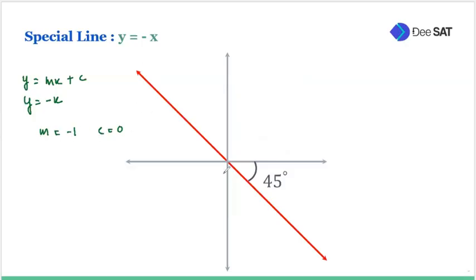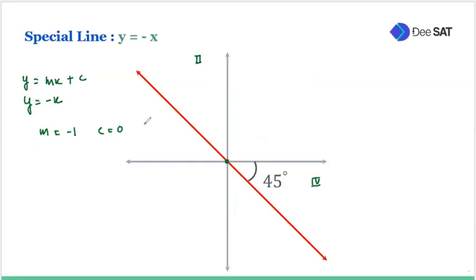That means it is a falling line passing through the origin as the value of c is 0. Again, this line bisects quadrant number 2 and quadrant number 4 into two equal parts, making an angle of 45 degrees with it.